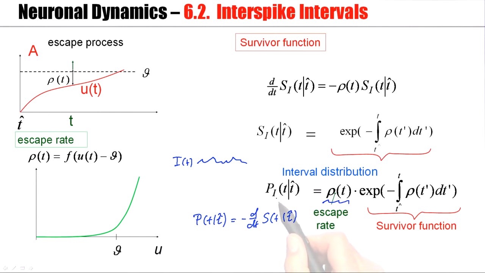And in the presence of this time-dependent input, and that's highlighted by this index I here, I can calculate the probability density that the next spike occurs at t, given I know the last firing time was at t hat. So this survivor function can be written in the general case with this index I. And of course, this rho also is input dependent.